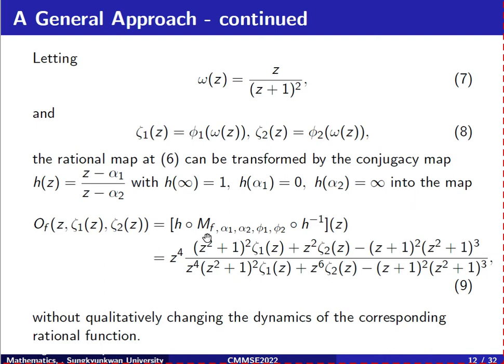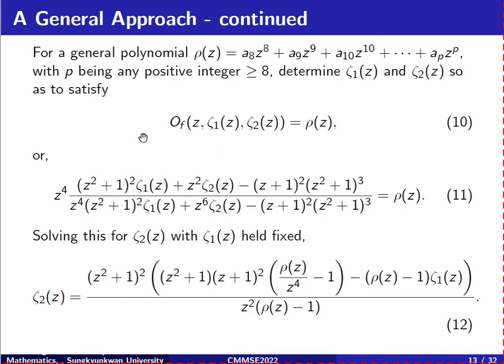So this is the conjugation of the given map by this Möbius map, for the general polynomial of g given like this. Now we would like to determine zeta 1 and zeta 2 so as to satisfy this one, so that the conjugation of the given method is the given polynomial. Now we have got this one. Solving this equation for zeta 2 with g1 fixed, we have this one.